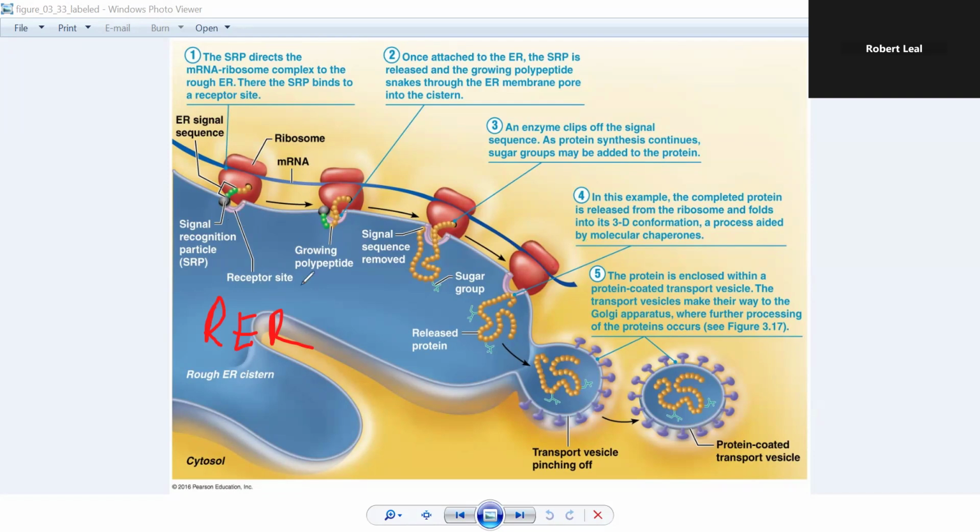And at the rough endoplasmic reticulum is where we can add sugars to it, therefore modifying the protein. And then it gets encased in a vesicle, and it's off to the Golgi apparatus, which is the packaging and shipping organelle for the protein's final destination. So basically, this picture is just illustrating that when proteins are made outside the nucleus, sometimes they need to be modified by adding sugars. And if that's the case, they get taken to the rough endoplasmic reticulum.